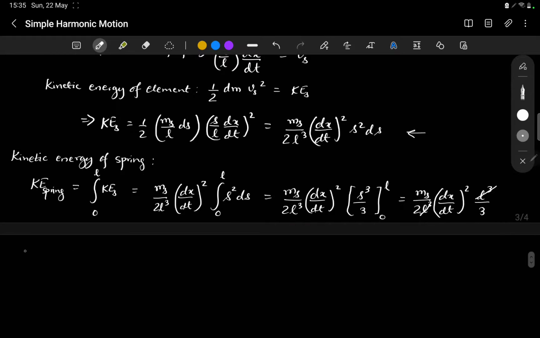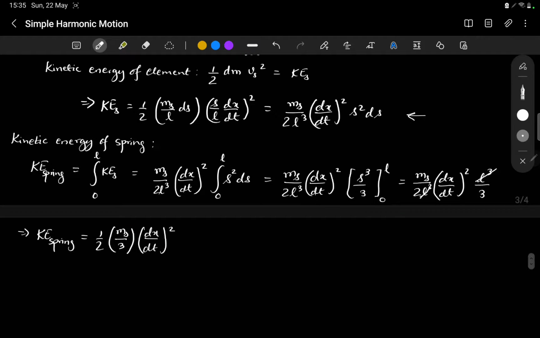This gives us the total kinetic energy of the spring equal to half ms by 3 times dx over dt squared.